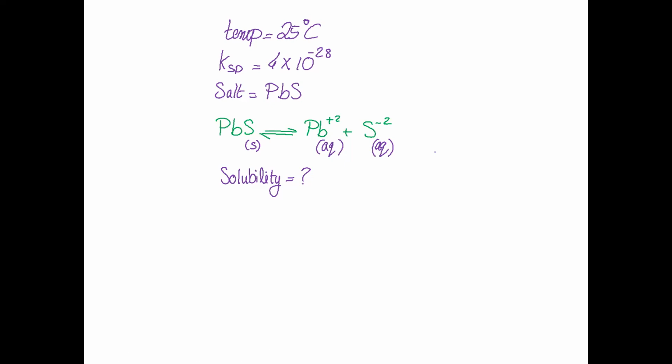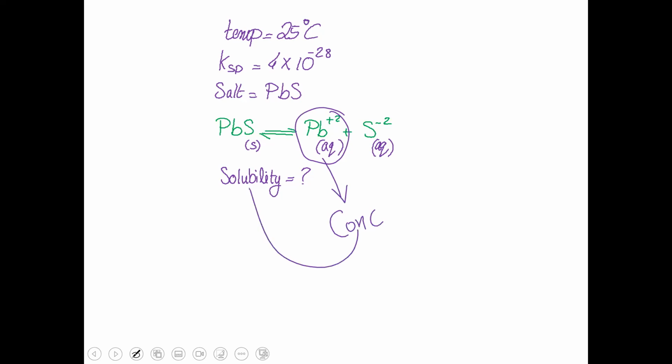But here, because it's a sparingly soluble salt, the majority of the salt will not dissolve in water, like lead sulfide. So however many lead ions are dissolved, you will find their concentration. And this concentration will be a measure of solubility. So I repeat the concept. Concentration of the aqueous ion of a sparingly soluble salt is a measure of the solubility of the salt.